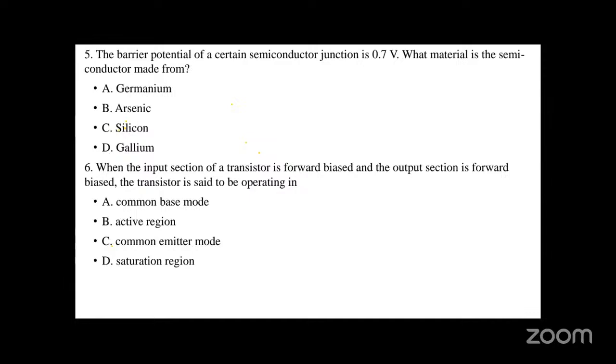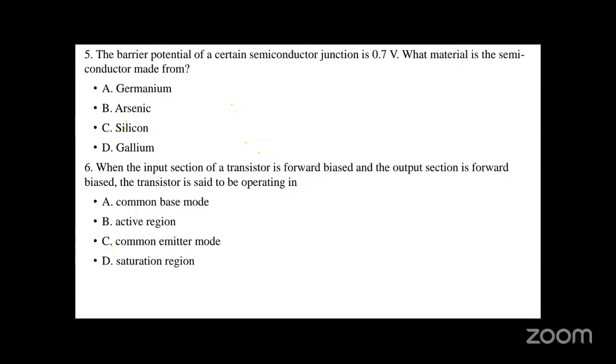Now, for any current to move across from the input to the output section of the transistor, there is a threshold voltage that must be supplied.